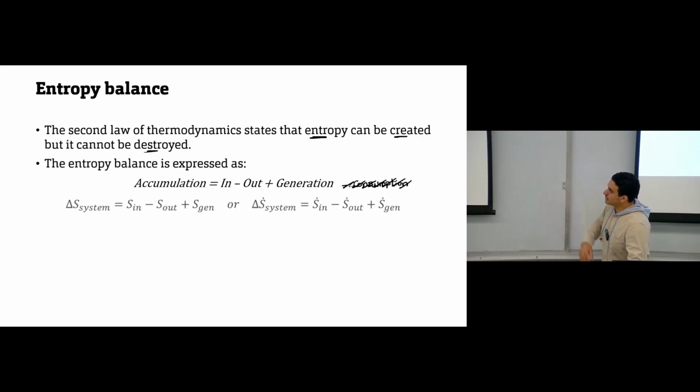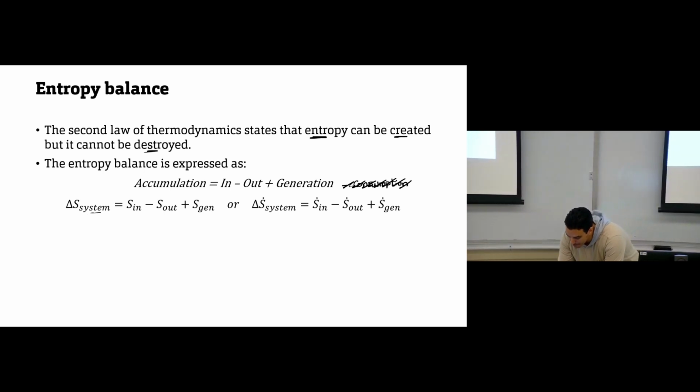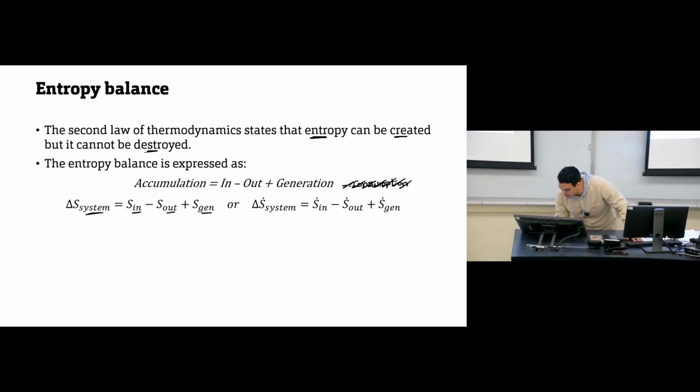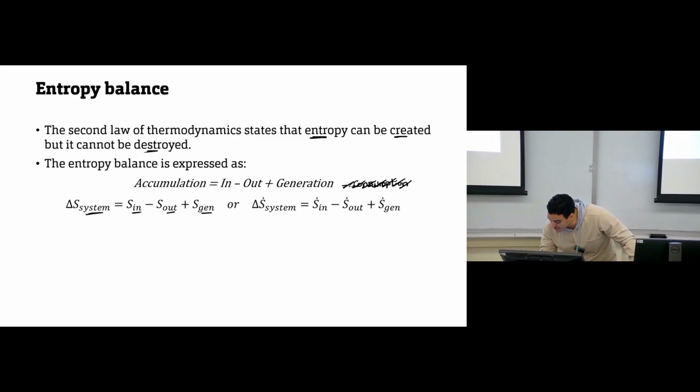If we put mathematics to this, we can say the change of the entropy of the system is the amount of entropy inlet to the system minus the amount of entropy out of the system plus the amount of entropy generated. Or we can represent the equation as rates. This dot, if you remember, means rate.